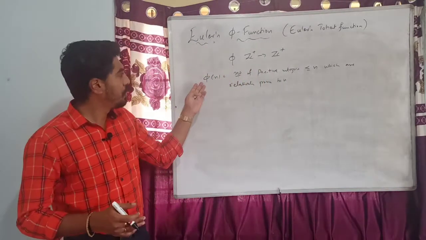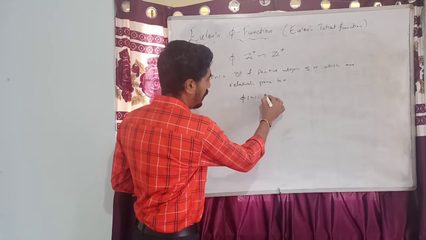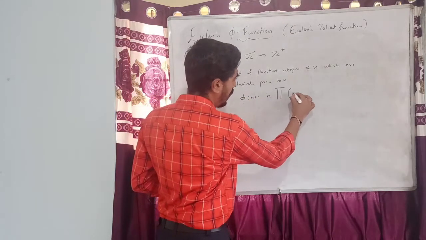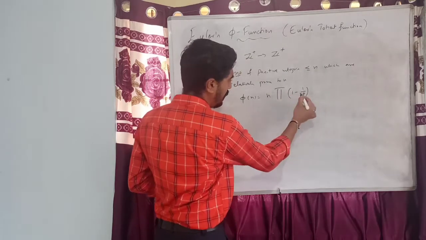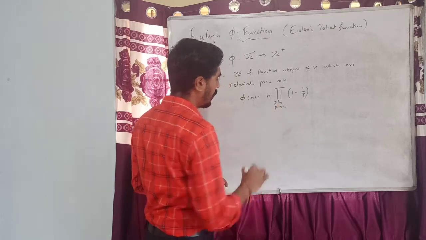In general, to find out phi of n, we have a formula. Phi of n is equal to n into product of 1 minus 1 by p, where p is a prime factor of n. Okay.